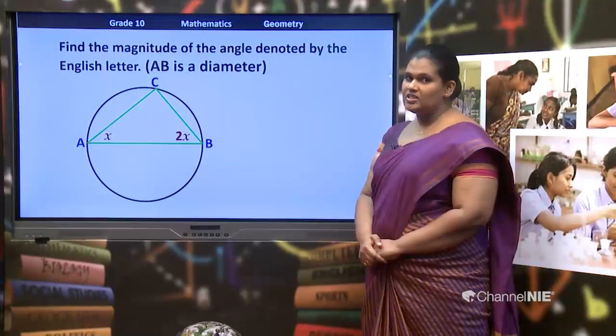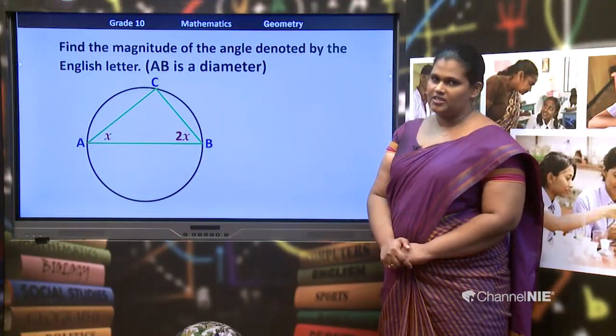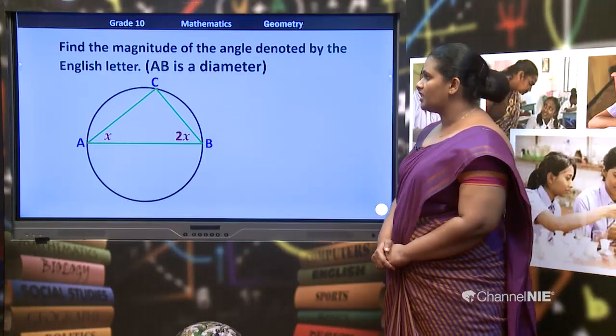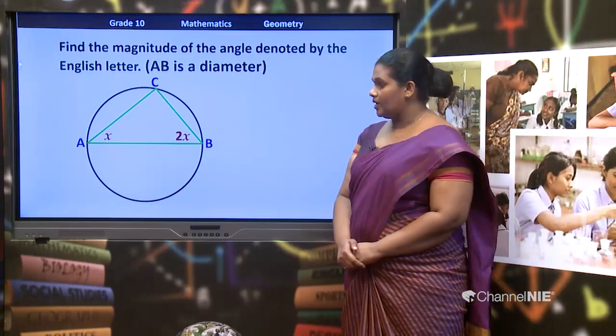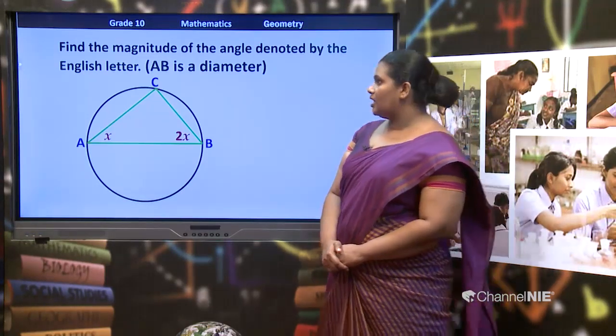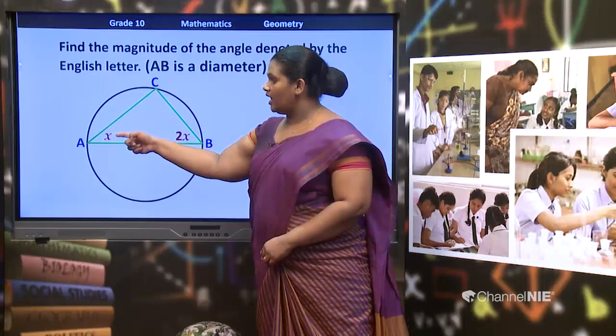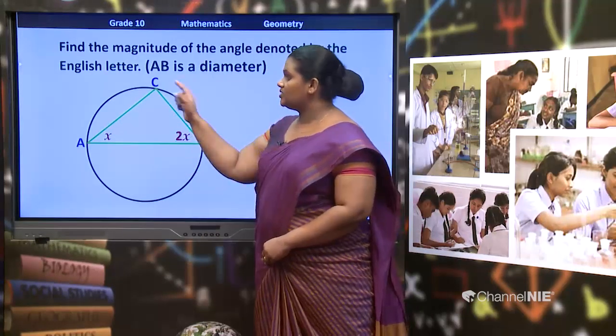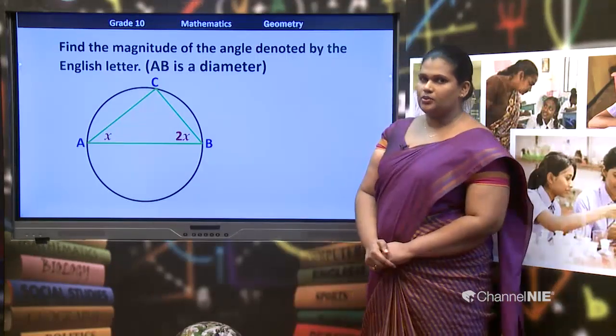Right. Now, this is my second question. Find the magnitude of the angle denoted by the English letter. This time we have got two angles in English letters. Angle CAB is x degrees, angle ABC is 2x degrees.